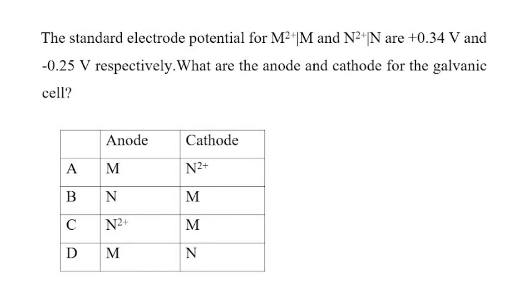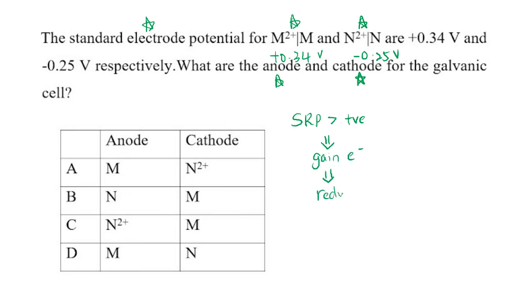This question gives us the standard electrode potentials for M and N, which are respectively positive 0.34 and negative 0.25 volt. From here we need to determine which one is the anode and which one is the cathode. As we remember, if the SRP value is more positive, it tends to gain electrons. If it tends to gain electrons, it undergoes reduction, and reduction always happens at the cathode.